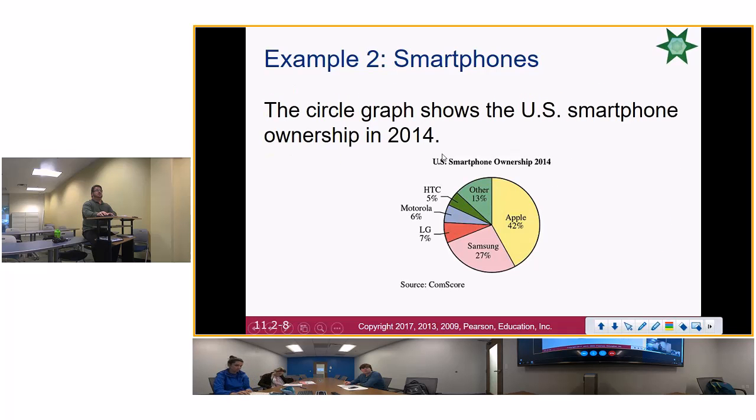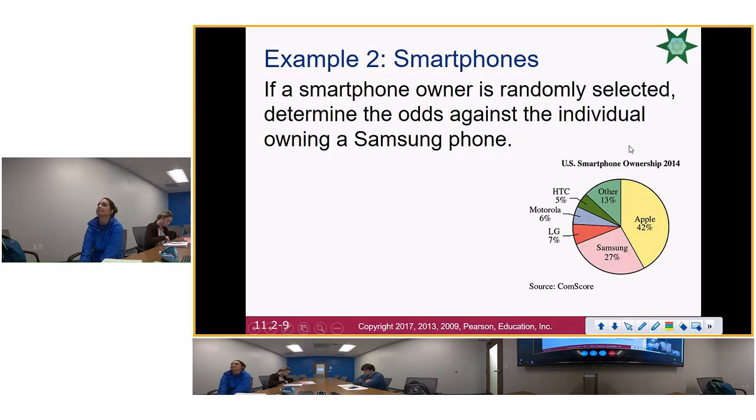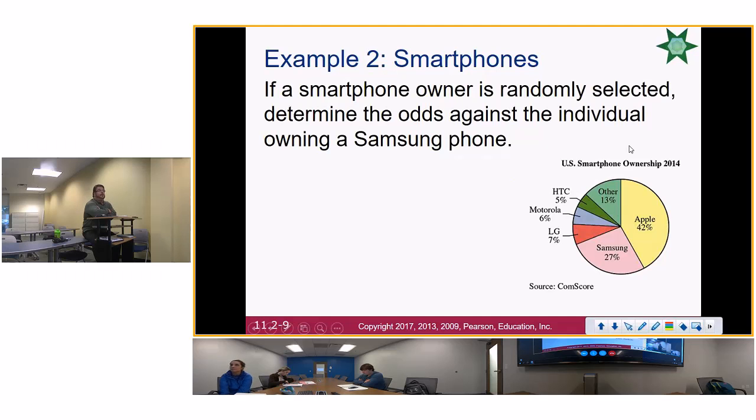The circle graph shows the U.S. smartphone ownership in 2014. Everybody got that? It's on the next page, so you can write it down there if you want to. If a smartphone owner is randomly selected, determine the odds against the individual owning a Samsung.